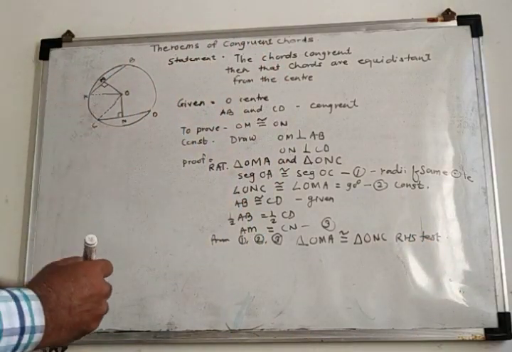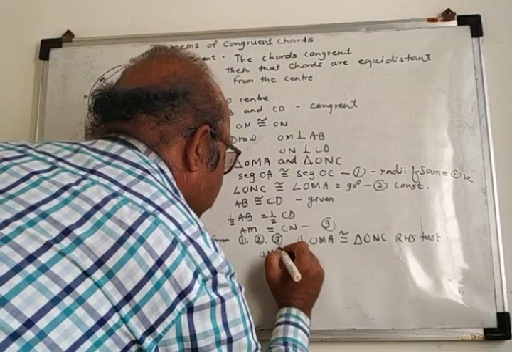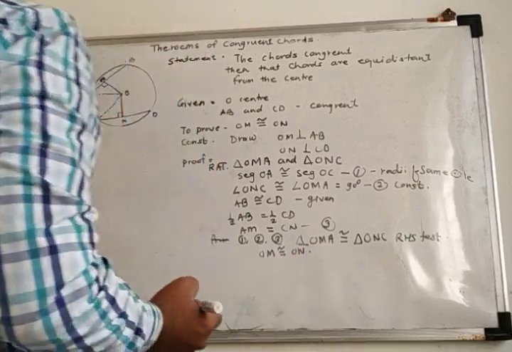If these two triangles are congruent, then OM is congruent to ON, and this is nothing but the perpendicular distance.